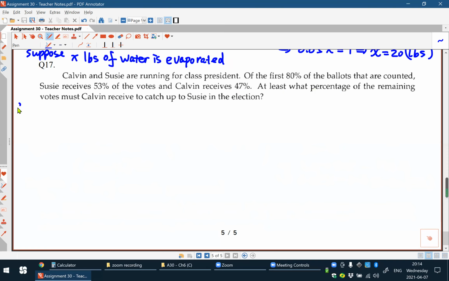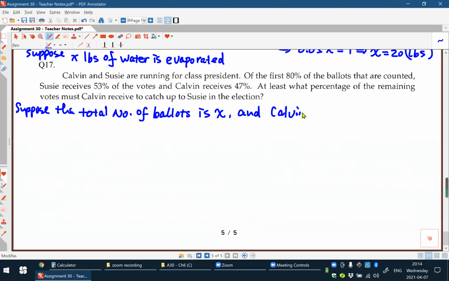Okay, so suppose the total number of students, that is the total number of ballots, is X. And Calvin needs to receive X percent.